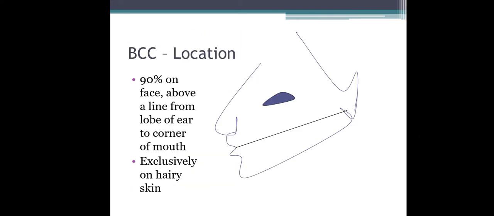So where is the common site for development of this basal cell carcinoma? You can see this basal cell carcinoma more commonly in the face. Where in the face exactly? If you draw a line from the angle of the mouth to the ear, you can get this BCC above this imaginary line drawn from the angle of the mouth to the tragus of the ear.